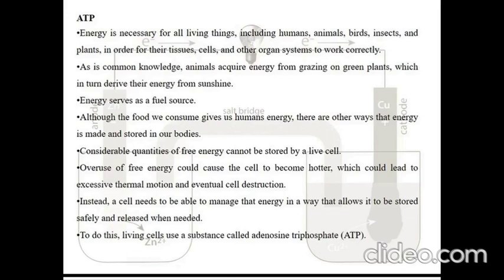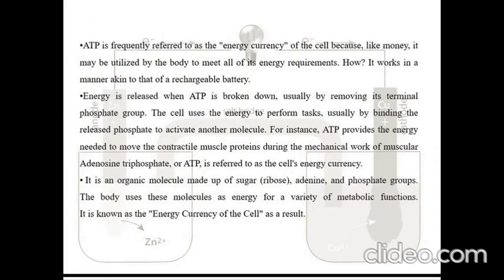To do this, living cells use a substance called adenosine triphosphate, ATP. ATP is frequently referred to as the energy currency of the cell because, like money, it may be used by the body to meet all of its energy requirements. But how? It works in a manner almost equal to a rechargeable battery.